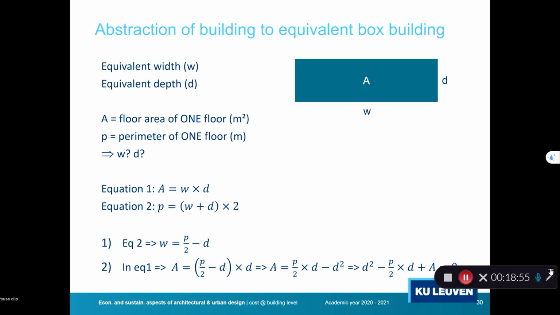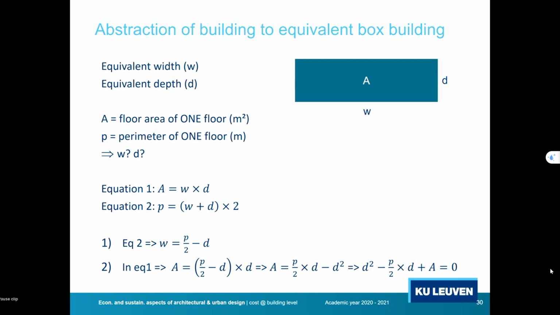If we calculate it further, we see that we have this formula: the depth squared minus the perimeter divided by 2 multiplied with the depth plus the area equals 0. So this is the formula we obtain.